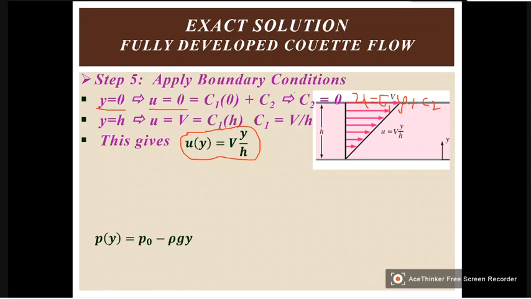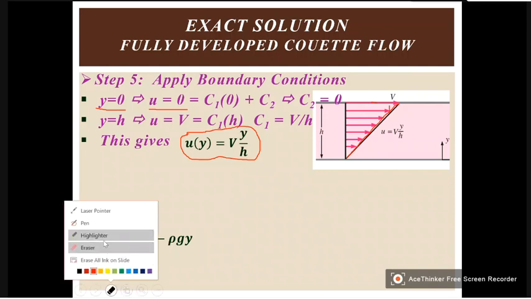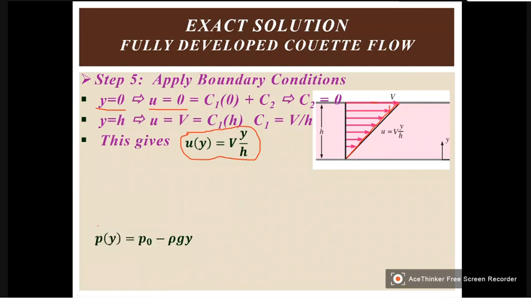This is a straight line variation. Linear variation.